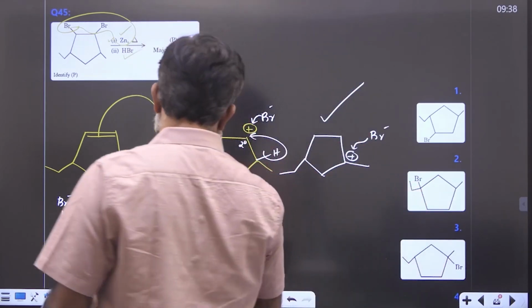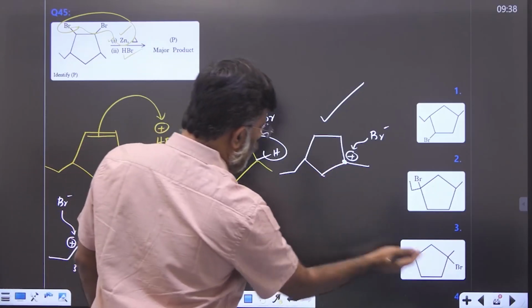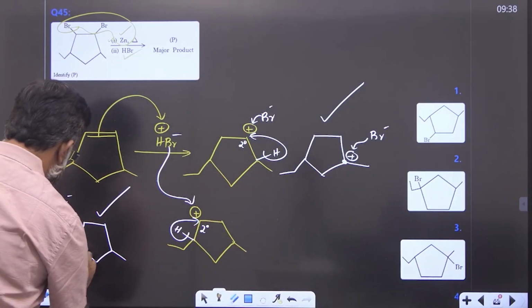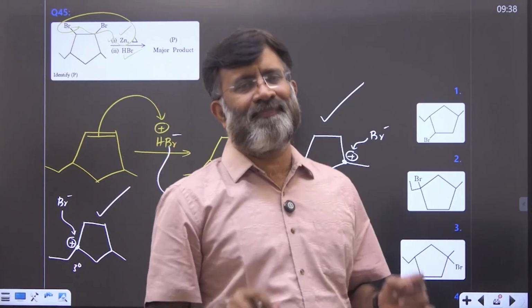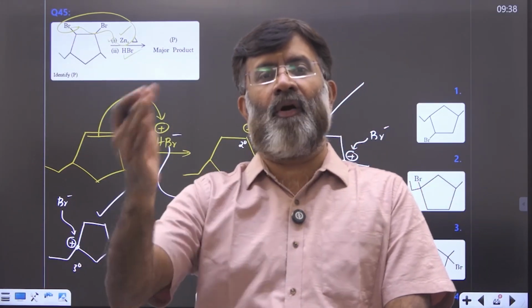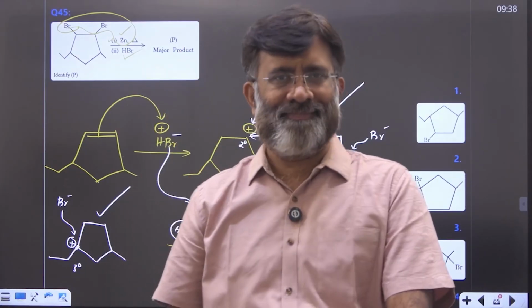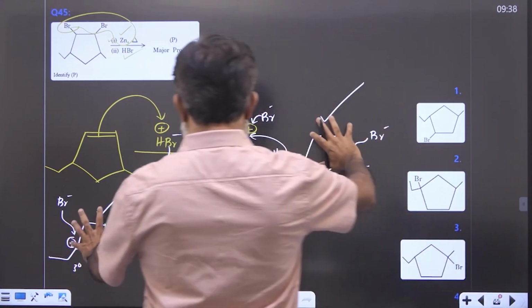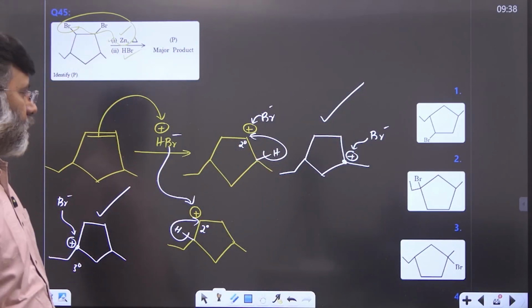If this is forming, you get a 3. If this is forming, you get a 2. So which is the answer? 3 or 2? That is decided by the relative stability of the given 2 carbocations, which will decide the major product.